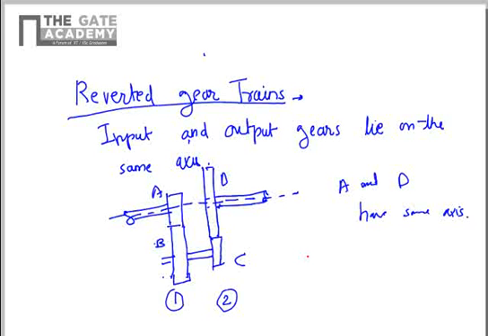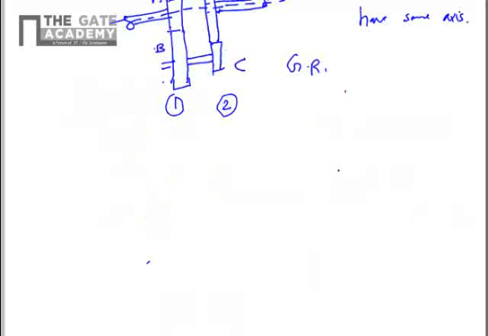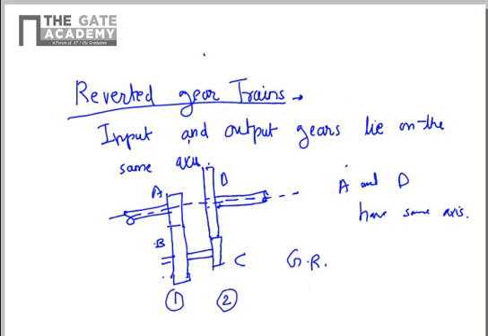Here also the velocity ratio, the gear ratio, is determined by the earlier condition. We go on determining the final output gear angular speed, omega D, and we have the driver speed, omega A, and this is equal to TB into TD divided by TA into TC.